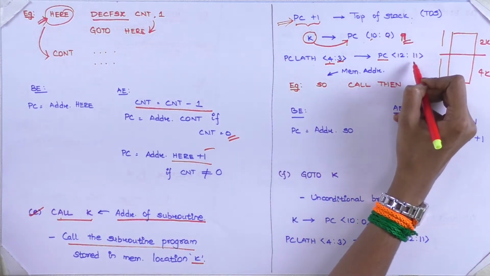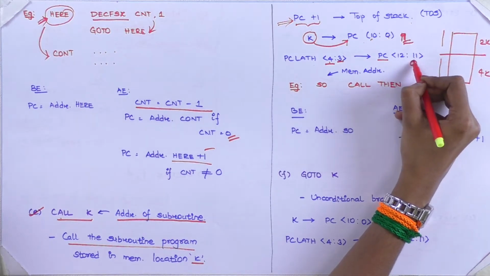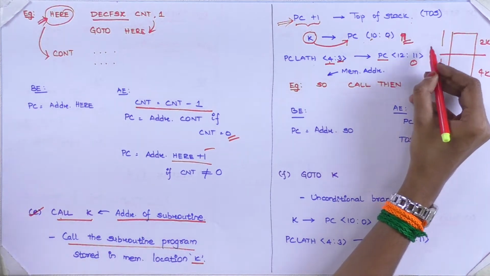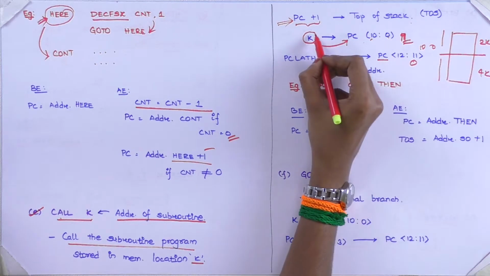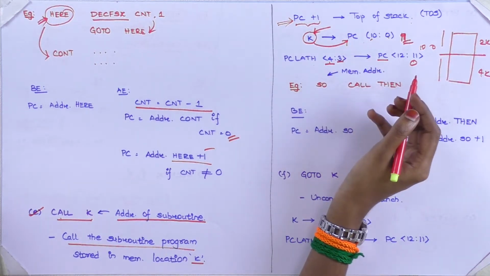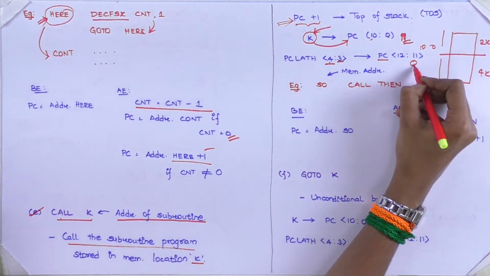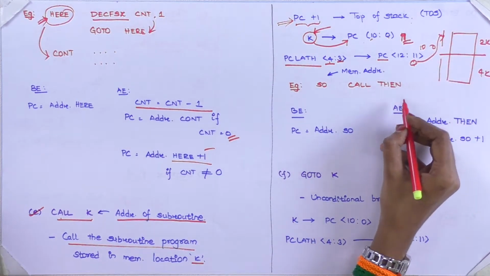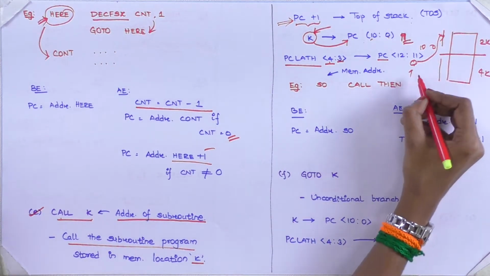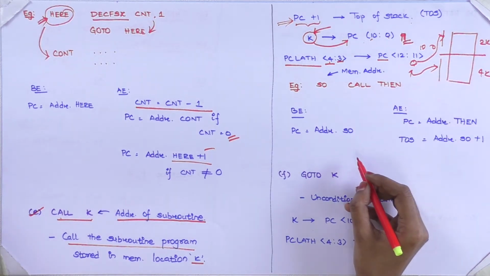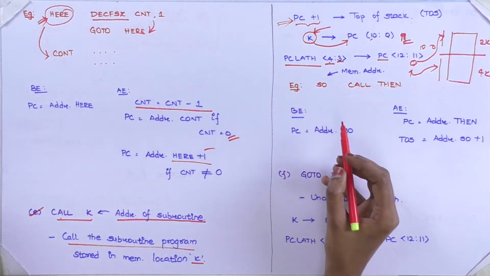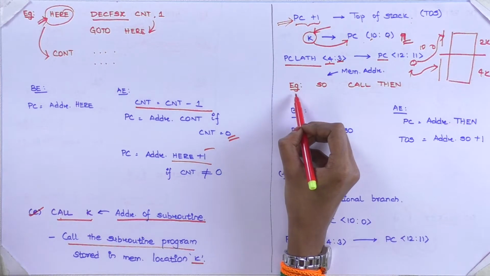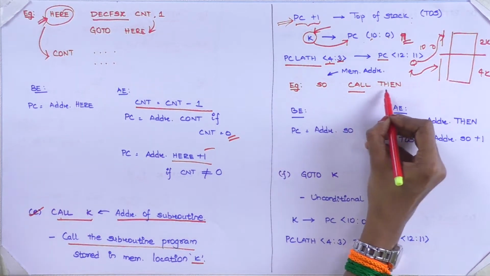Fine. 0 to 10 is given by the address from the instruction, right? If my 11th bit, which is from the PC latch, is 0, I am accessing the 2K memory. If the 11th bit value is 1, which means that I am accessing 4K memory. That's the meaning here.